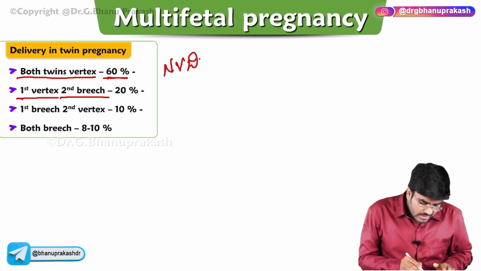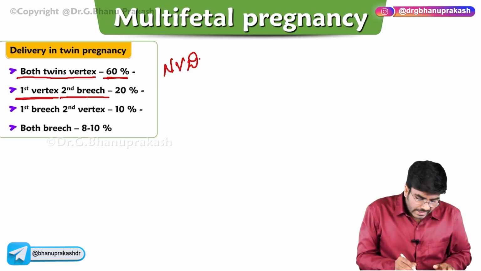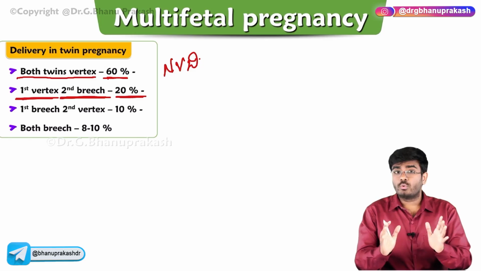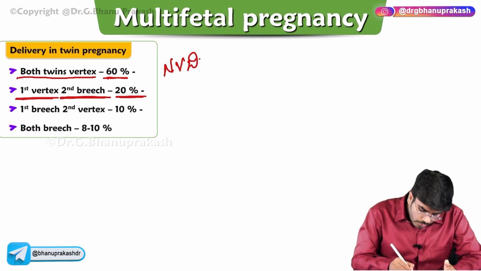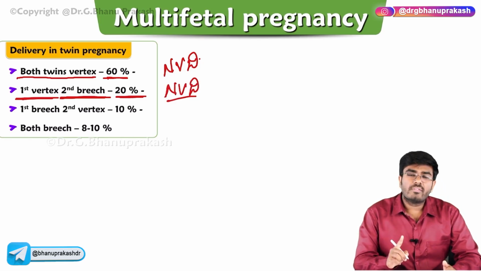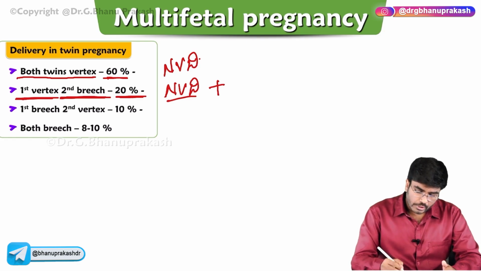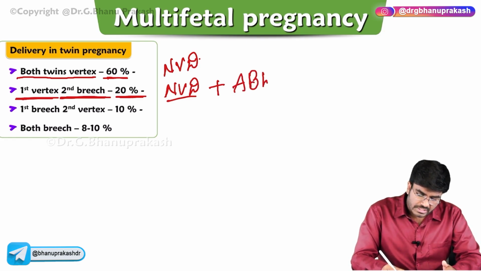So remember, first twin is in vertex position, second twin is in breech position. This can happen in 20% of the cases. Now what to do is, you can do normal vaginal delivery of the first twin. After that, for the second twin, you can do assisted breech delivery.